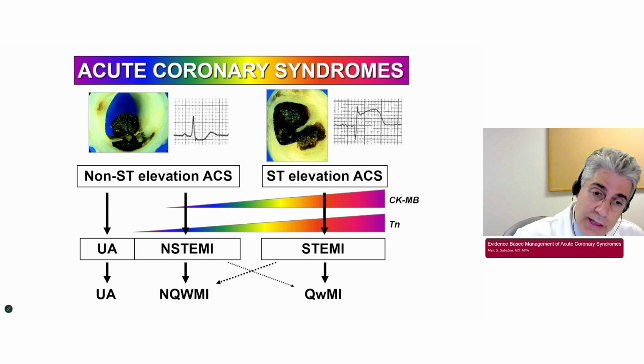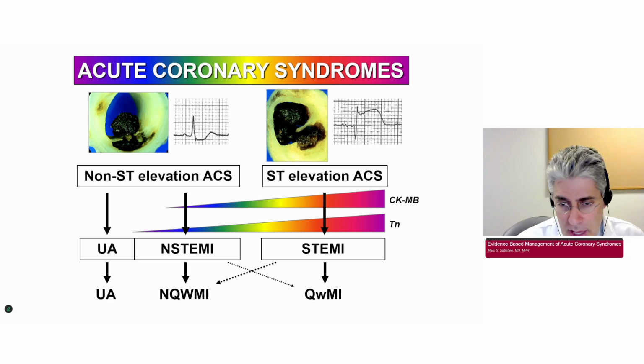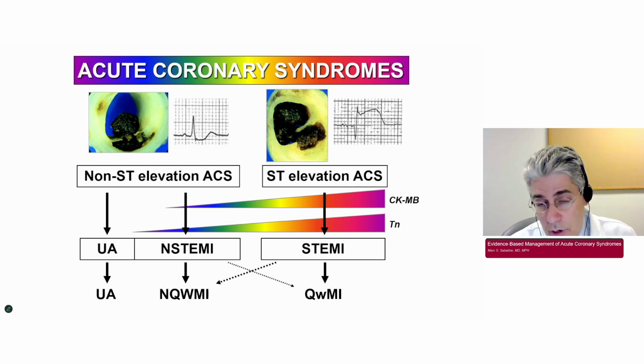Just for reminder's sake, at the very bottom, I have some older nomenclature that we moved away from, Q-wave and non-Q-wave MI. The reason we moved away from that is twofold. First, as I've tried to indicate with the dotted arrows, not every STEMI develops Q waves, and some large non-STEMIs could develop some small Q waves, so it's imperfect.